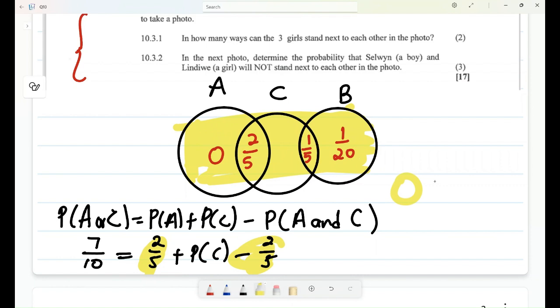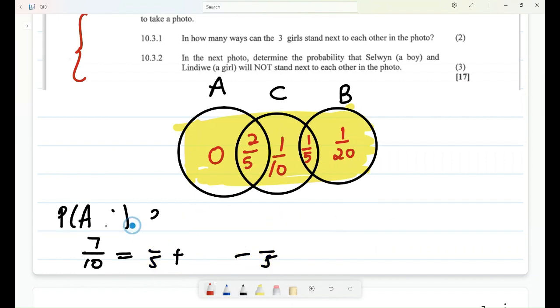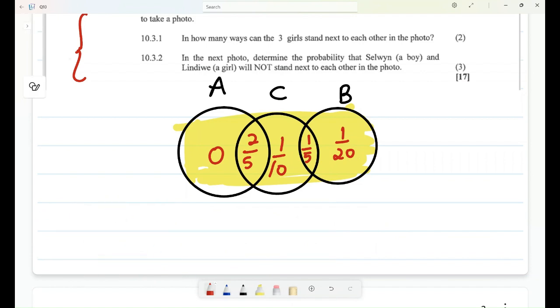And now, do we have any outsiders? This is what we are trying to look for. Remember, if you have something outside, it means that the event does not occur. So hence I'm saying you're going to sum this, or let's just fill this up. We just found 1 divided by 10. So I even feel like doing it here. The probability that there will be no event is equal to 1 minus the probability there will be an event.